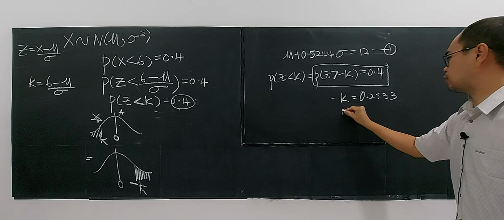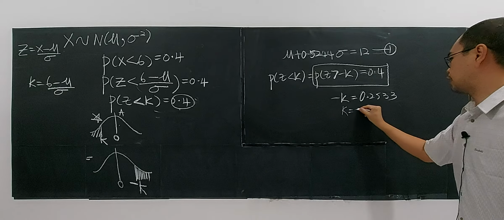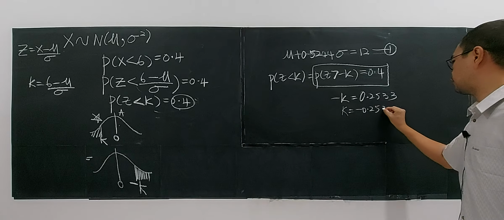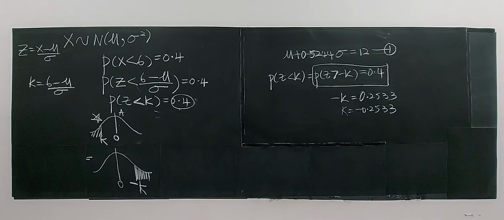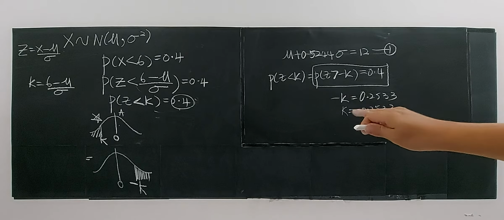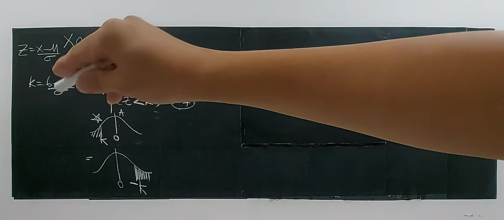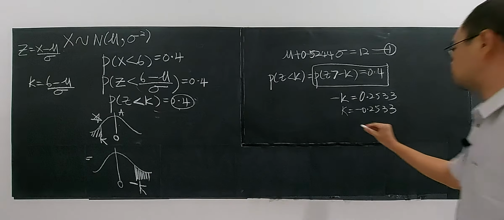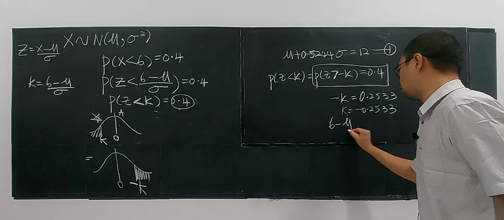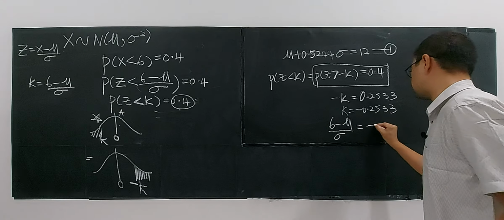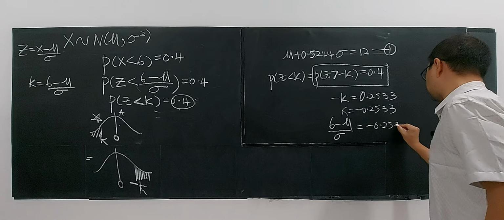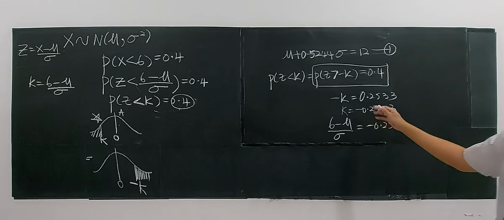So then the value of k here will be negative 0.2533. So we have to know that for this case, the k is 6 minus mean, over standard deviation, equals negative 0.2533. So we try to get another equation.